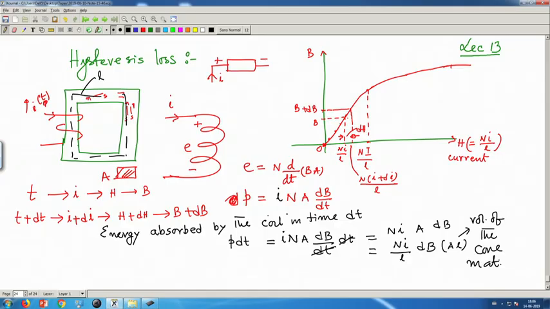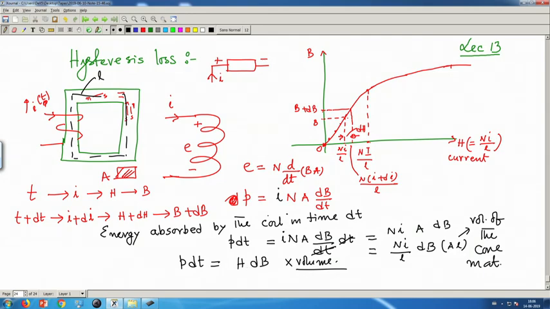So, energy supplied during this time, P dt, then becomes equal to H into dB into volume. That will be the case. But what is H into dB?